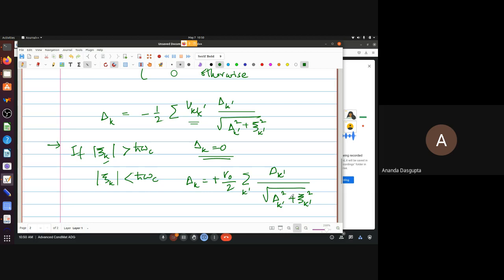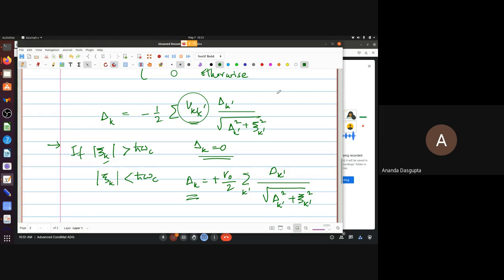Important question. Is this a constant or a variable? Does it depend on k or not? Does this quantity depend on k? No, it does not depend. Okay, but that's a bit strange, right? You started with an equation like this, where delta did depend on k. Why did delta depend on k? If you look at the right hand side, it depends on k only because of the V k k prime, nothing else depends on k.